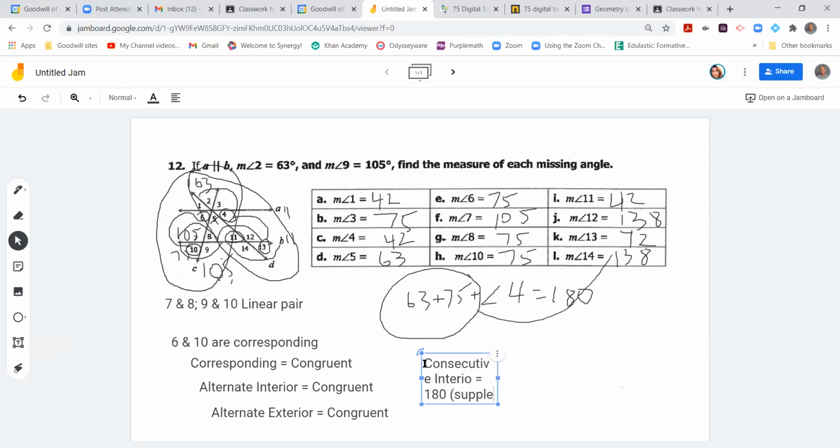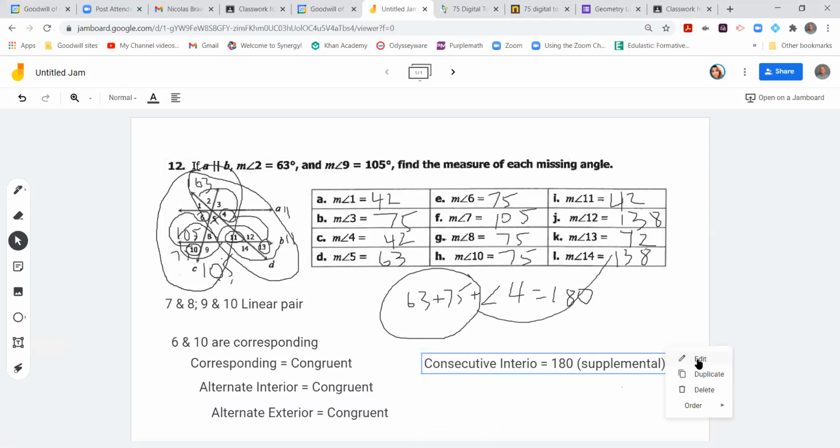I'm going to add supplemental in here in case you forgot that supplemental means 180. Consecutive interior is 180.